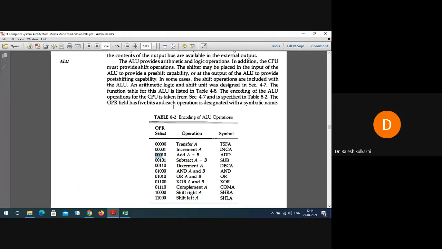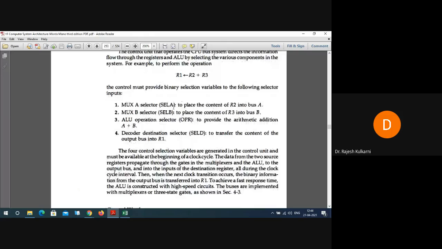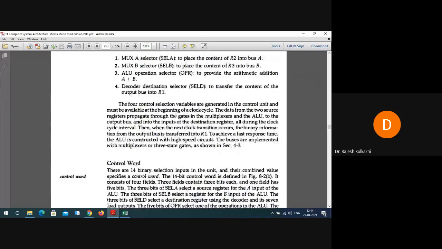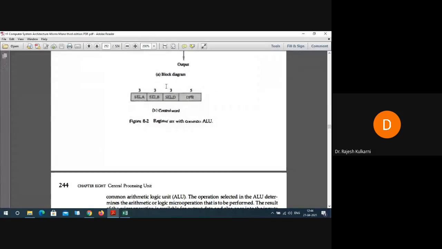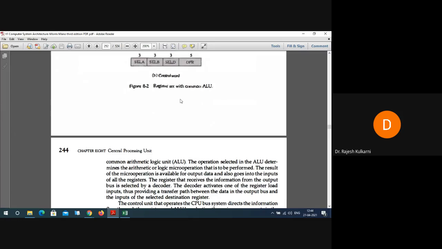So this is what your instruction's control word will look like. For this control word, the statuses can already be recorded and kept, and we can fetch the requisite control word. This is also called a micro operation.